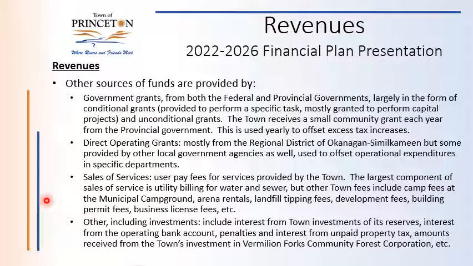So you have to undertake a specific task, build something, do something, jump through some hoops to be able to get that. The unconditional grant that the town receives is called the Small Community Grant. Essentially, we are granted several $100,000s a year to exist, and it is used to support rural communities so that their taxes aren't significantly higher than urban centers.